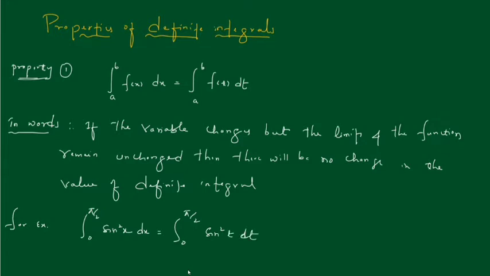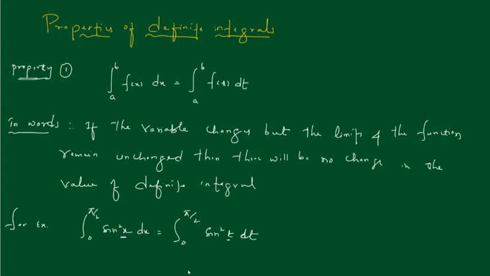Just what you have changed here is the variable x in terms of t, with the limit and function as it is. The variable changes but the limits and the function remain unchanged, so there will be no change in the value of definite integrals, right? It's the first theorem, that is the first property.